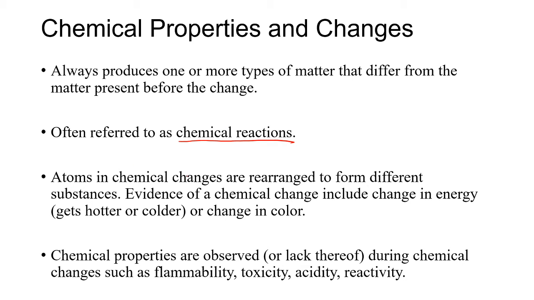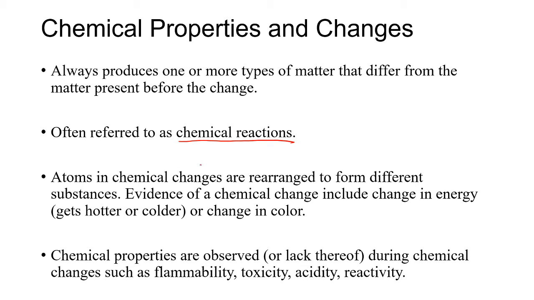Now, when we have chemical changes, your atoms are simply rearranged to form different substances. So again, we want to keep in mind that it's not like we're randomly generating new stuff. We're generally just transferring the stuff around. Now, if a proton exchanges here or there, then yeah, maybe we have a new element that's being formed.